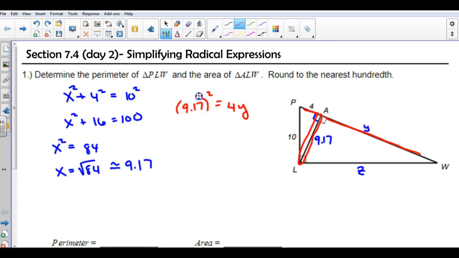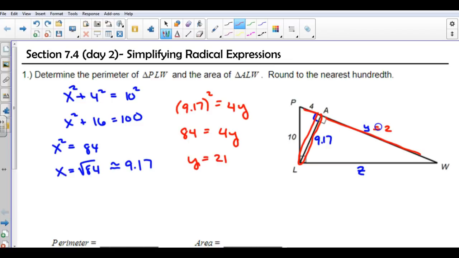What we already know is when we take 9.17 and square it, we get 84. That takes me back to this value right here. When we square rooted 84, we got 9.17, so if I work backwards and square it, I get 84. And that is equal to 4 times y.